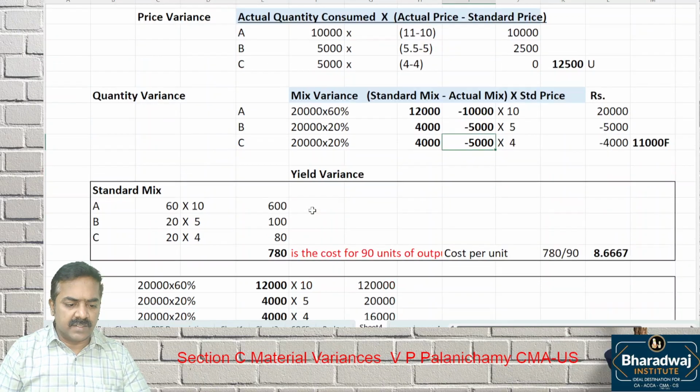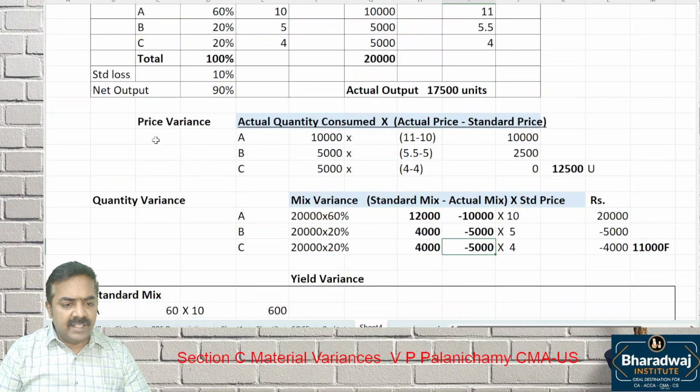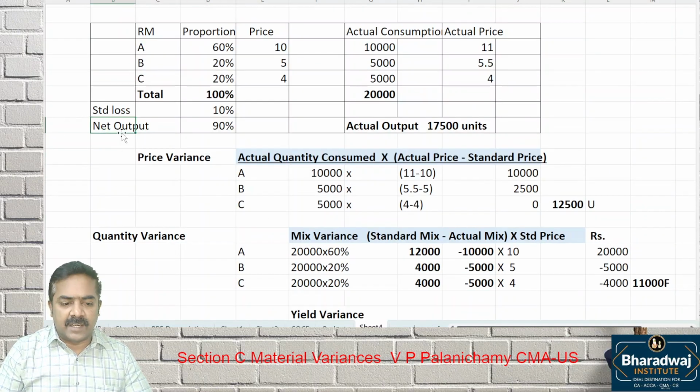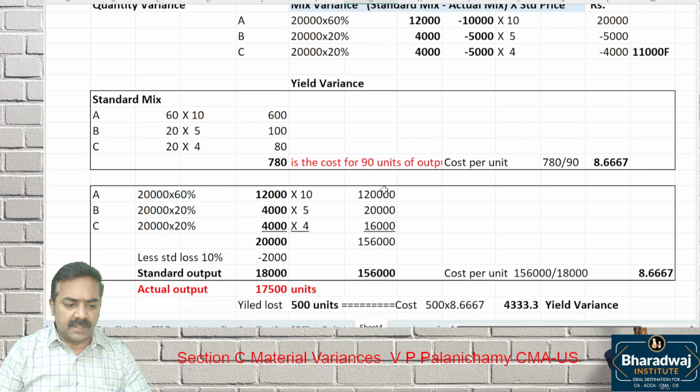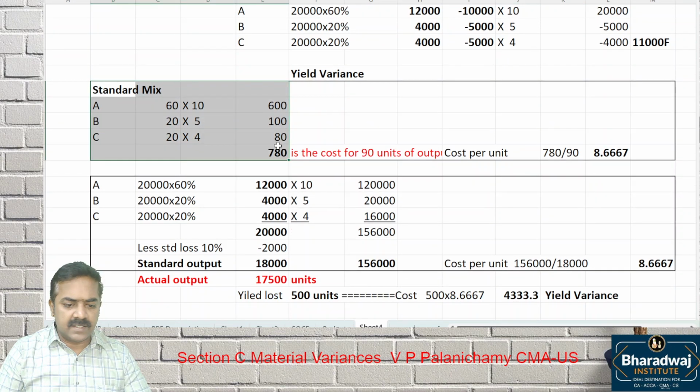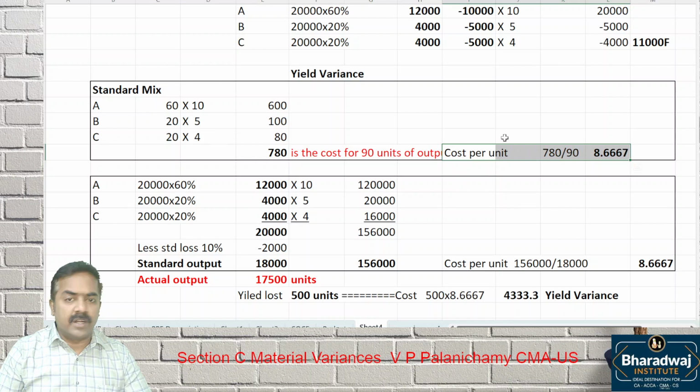Then yield variance arises if you don't get the expected output. For example, here a loss of 10% is allowed, but the actual loss is more than 10%. The standard cost is 1,56,000, with 10% standard loss allowed. For an output of 18,000, what is the cost per unit?